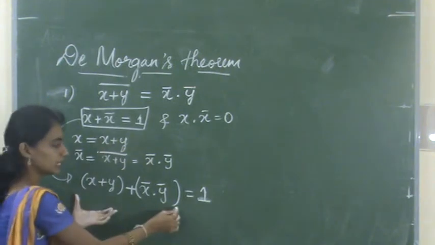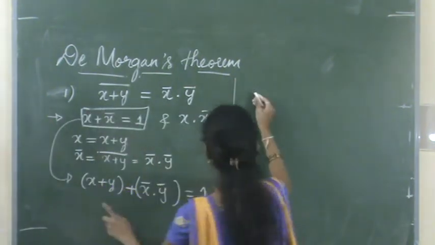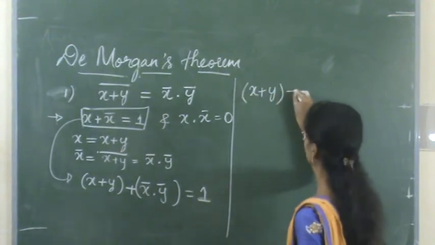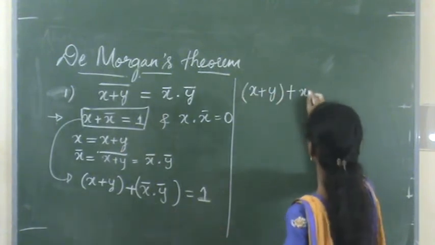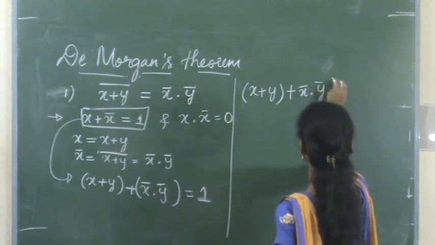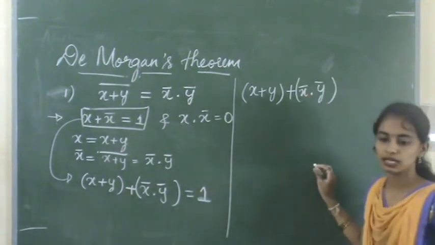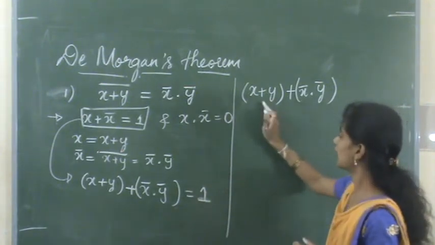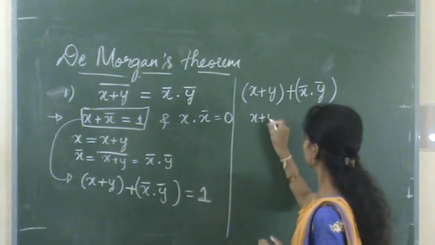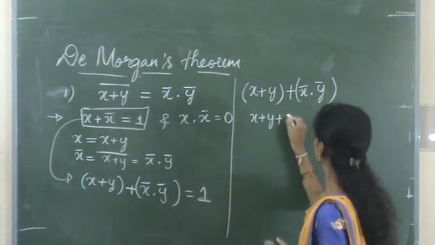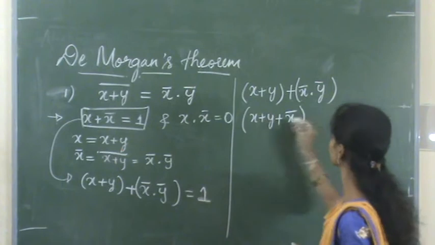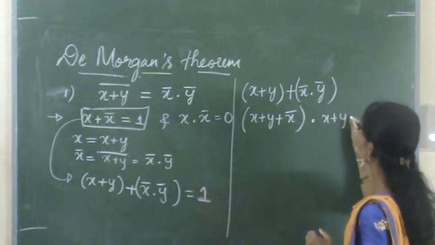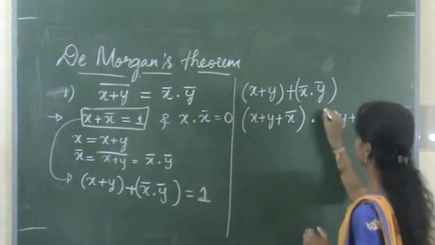Now I am taking only the LHS part. What is the LHS part? That is x plus y plus x bar into y bar. We know the distributive law, so we are applying it: x plus y plus x bar, into x plus y plus y bar.